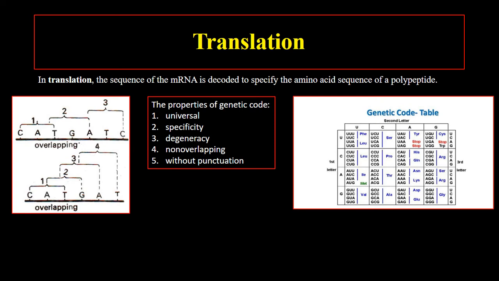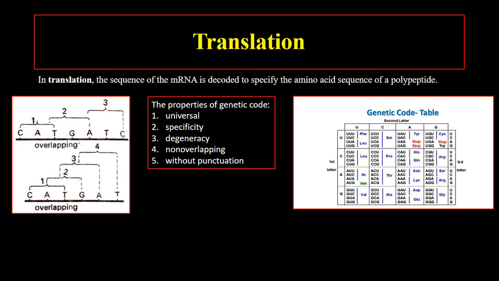The second property of the genetic code is specificity. Each codon codes for just one amino acid. The next property is degeneracy. Most amino acids are encoded by more than one codon.